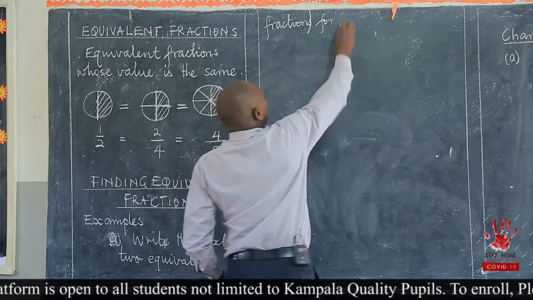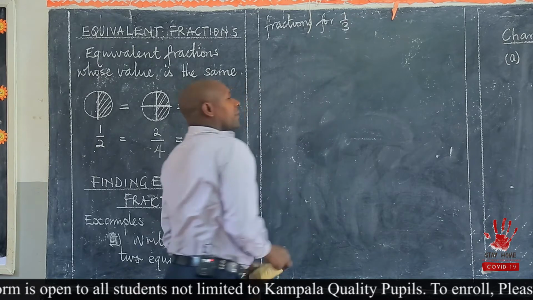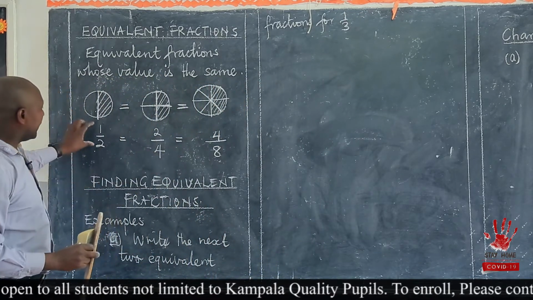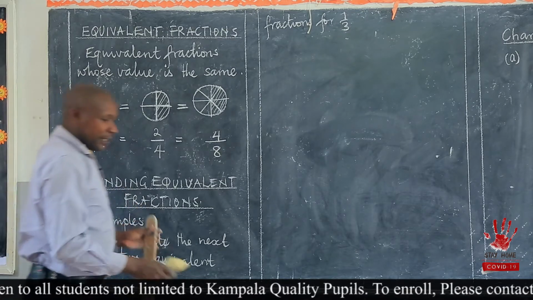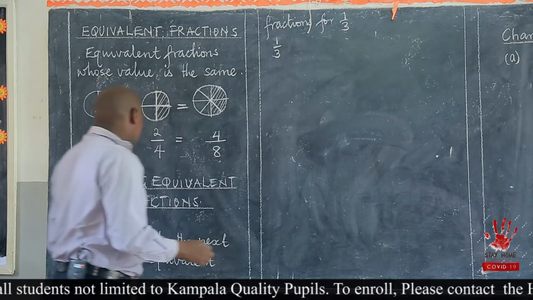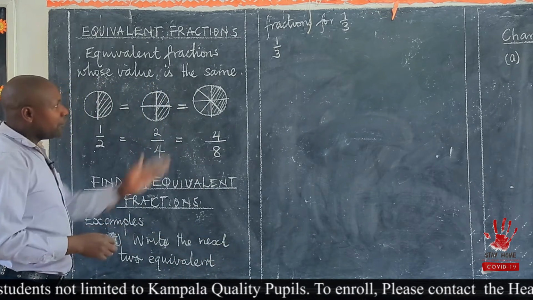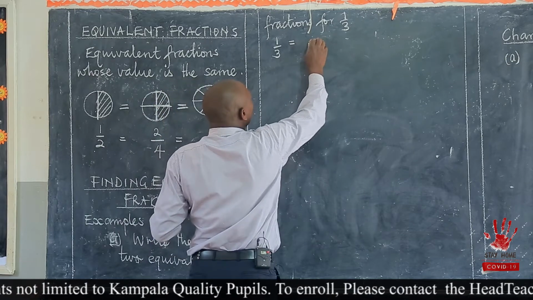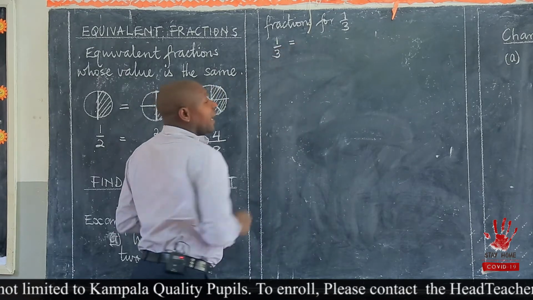Sorry. Equivalent fraction for a third. Here we looked at the two equivalent fractions that are equal to a half. But now it is a third. Remember this time, I'm not going to use diagrams. How do we find other equivalent fractions that are really equal to this a third?